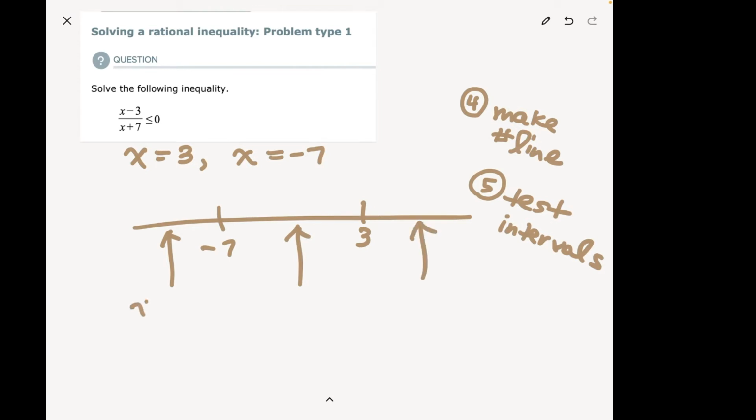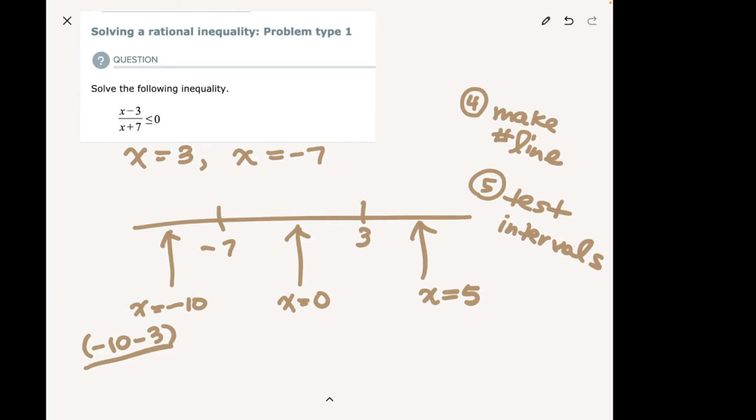I'm going to pick a representative from each interval. Let's see, -10 is smaller than -7. I like to use 0 when I can. I'll pick 5 here. Just pick any number in each of those intervals. Then I'm going to plug it into the non-zero part of my inequality. I'll write more work out for the first one, and then less as I go.